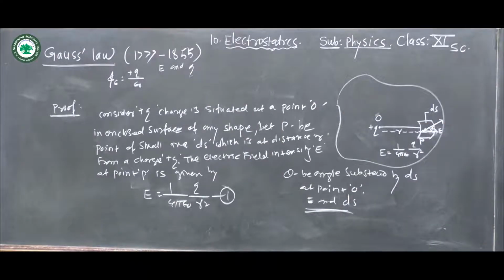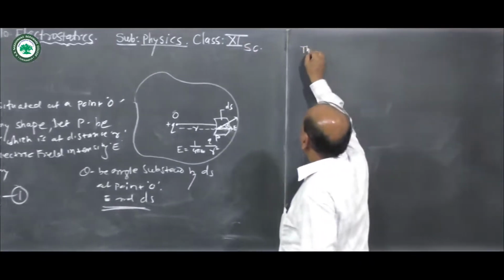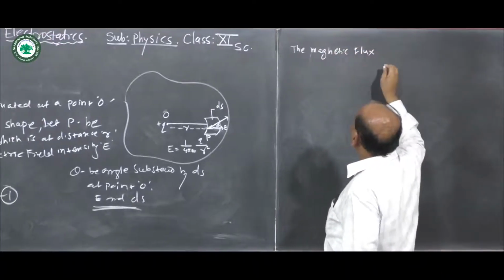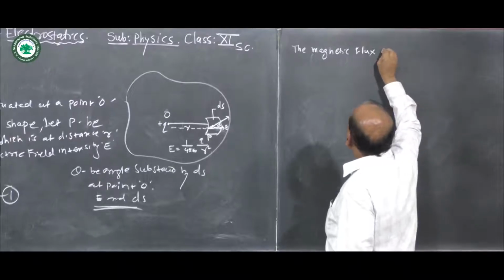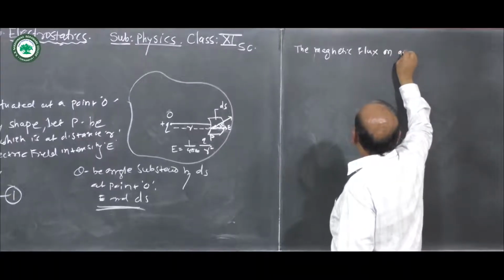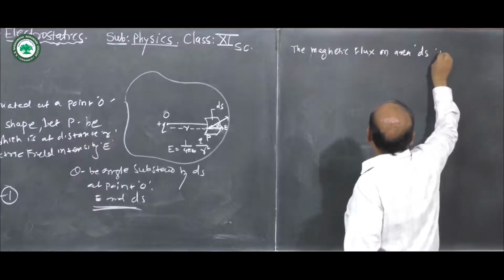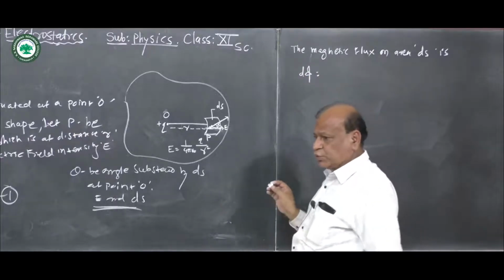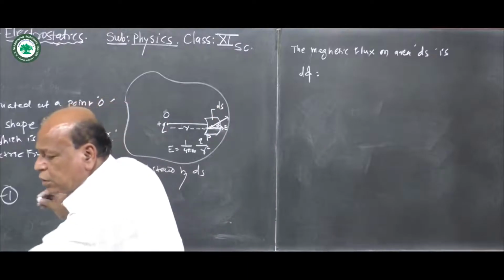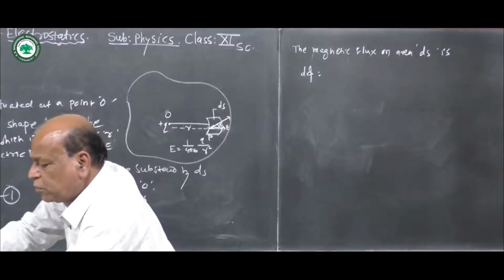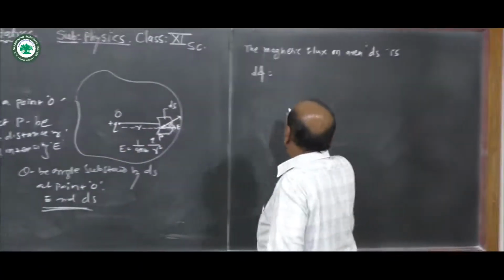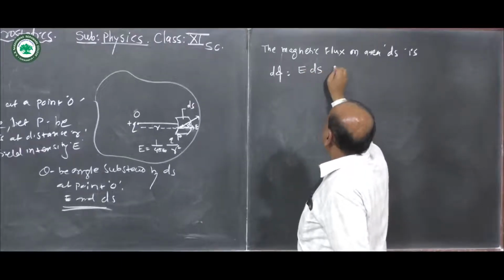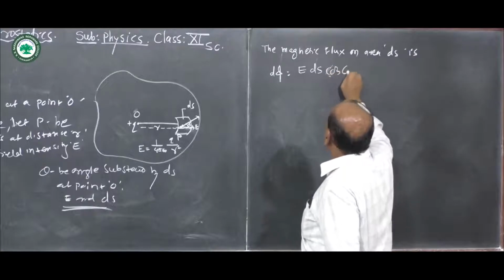The small electric flux d phi on area ds is d phi equals E ds cos theta.